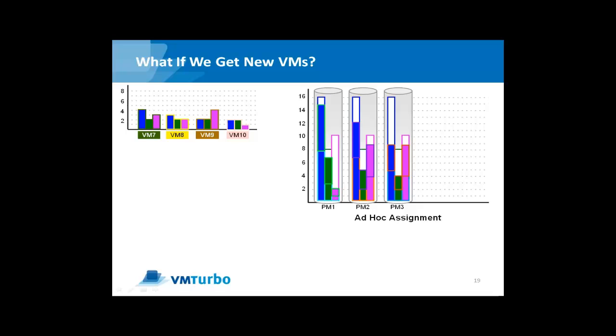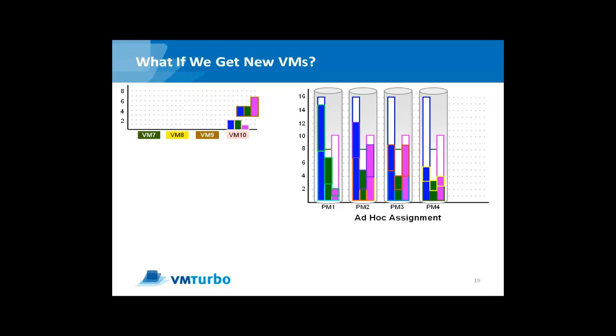Now, in this environment, with ad hoc work assignment, consider that we get new VMs, VM 7, 8, 9, 10. Note VM 7: because of its CPU requirements, it won't fit on physical machine 1 or 2, and so we wind up taking VM 7 and VM 8 and putting them on the 4th server.